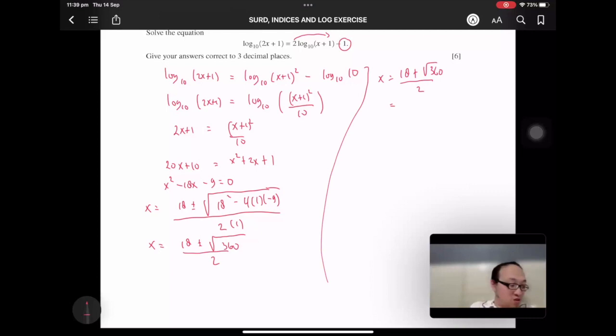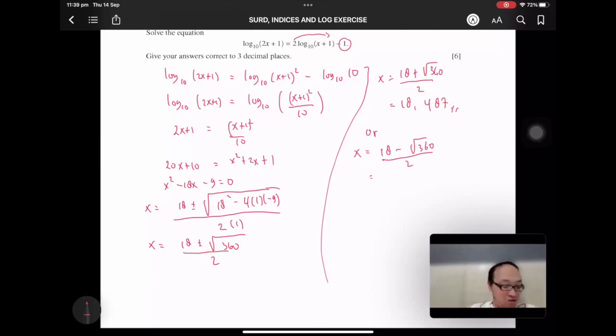So the root of 360 is 18.9, yeah? So 18 plus answer divided by 2. So this is 18.487, yeah, 3 decimal places. Or we can use 18 minus root of 360 over 2.